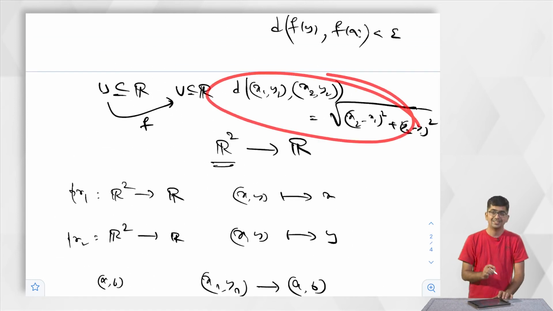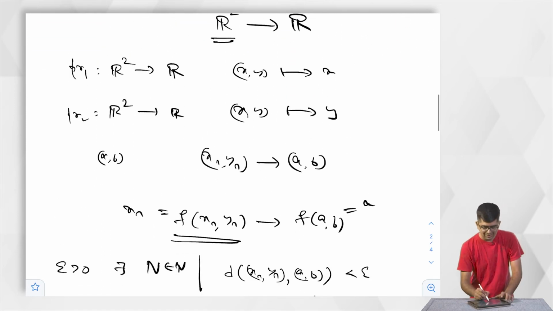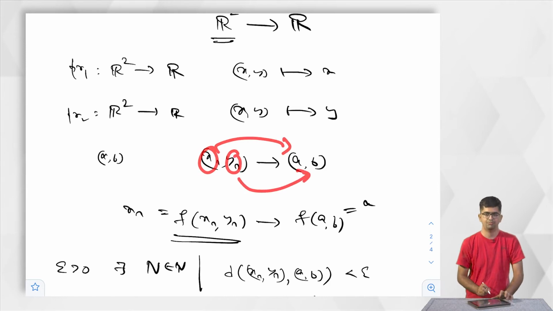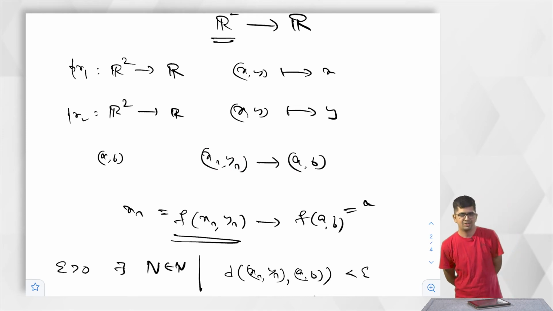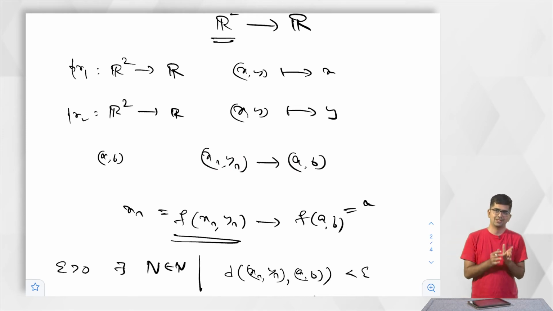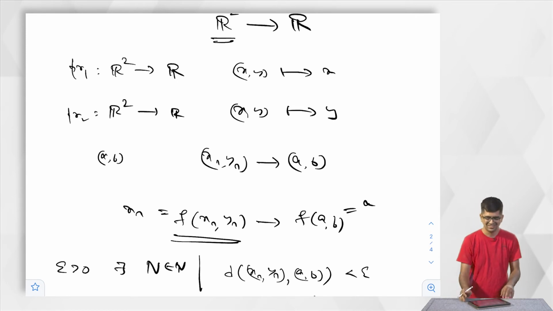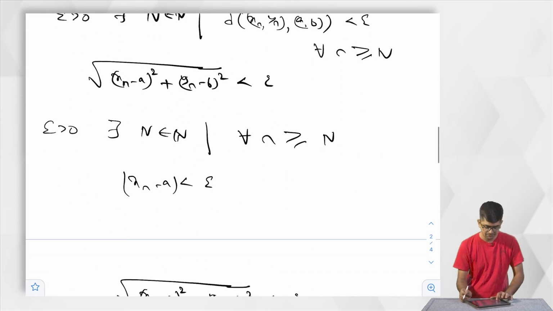This metric is: if (xn, yn) converges to (a, b), then xn converges to a, yn converges to b. This is one important thing to keep in mind. We are not very sure whether it is the same in every situation or not. You need to check that. But this is an interesting observation, and we will use it.